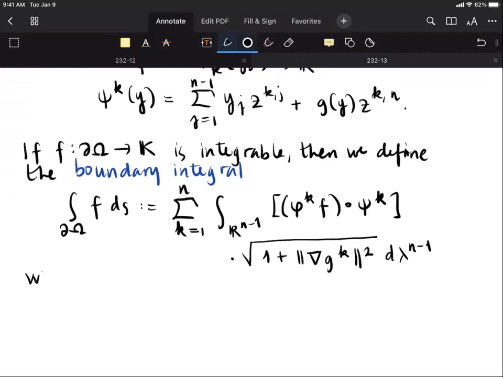Here, by the way, the gradient is the transpose of your Jacobi matrix.